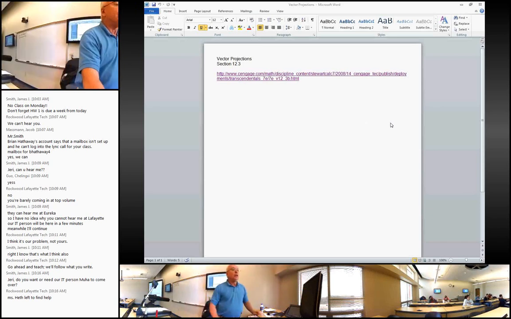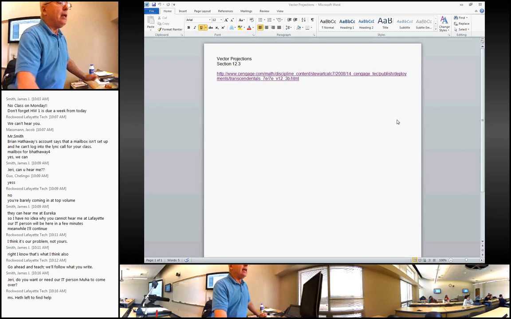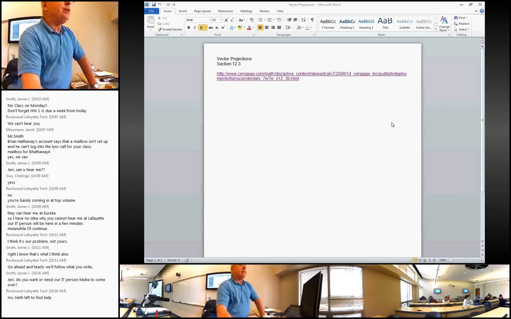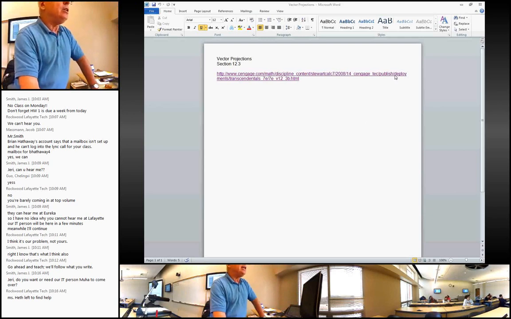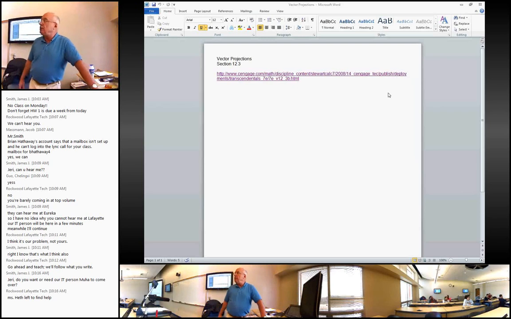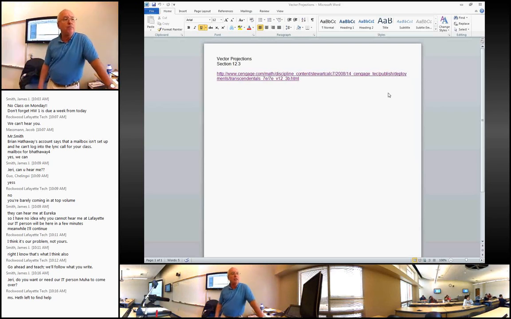So here we're projecting B onto A. And we see, as we change the angle, the red is our projection vector, the shadow of the vector B going onto the vector A.